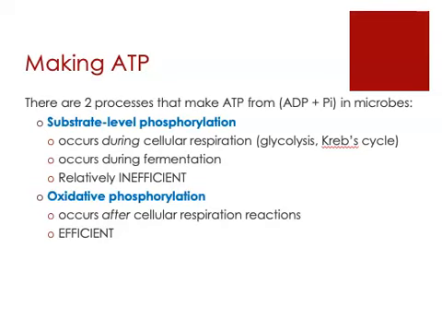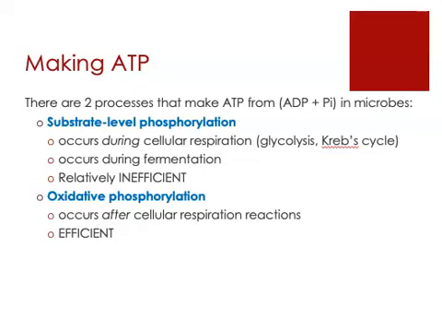Remember, we talked about substrate level phosphorylation. We said that there are some enzymes that perform catalysis during chemical reactions that have sort of an extra active site on them that allows for ATP to be made during this piggyback reaction.